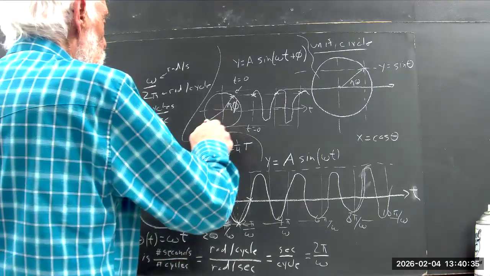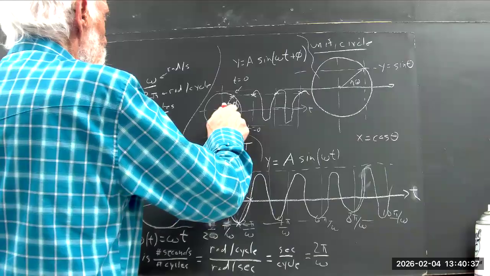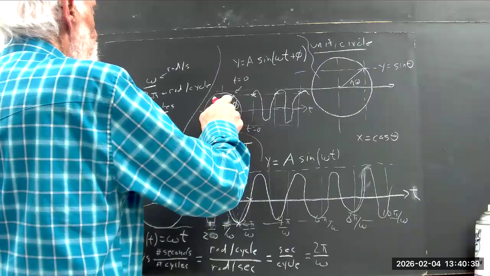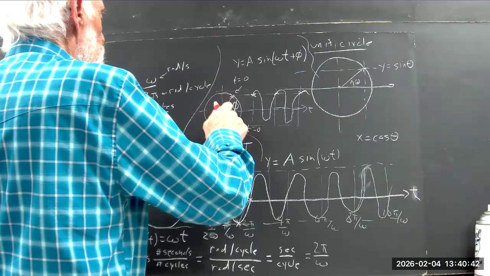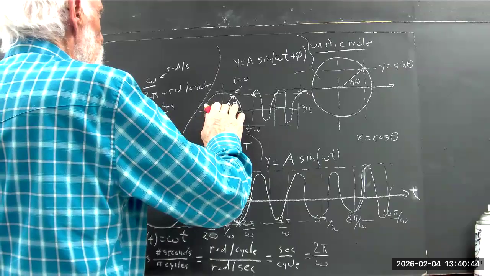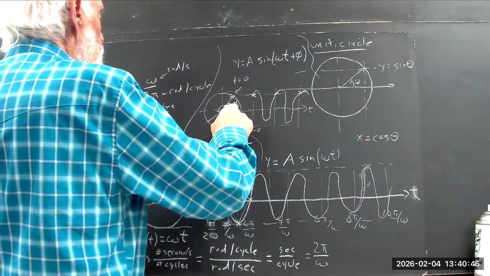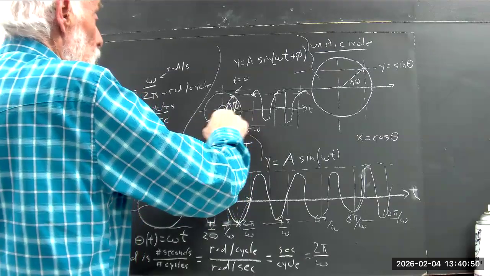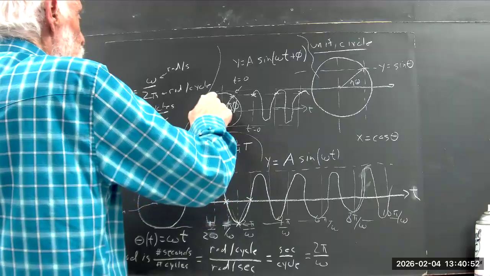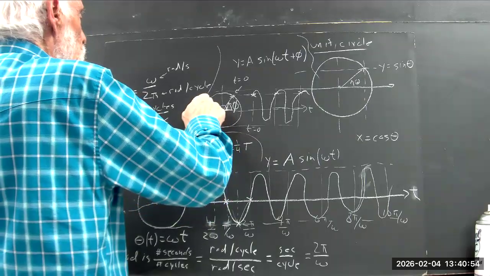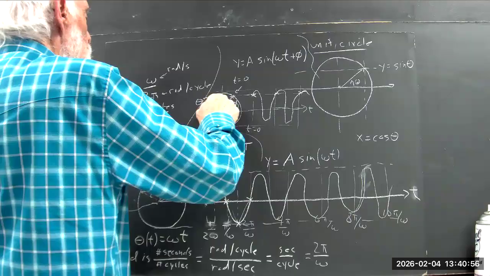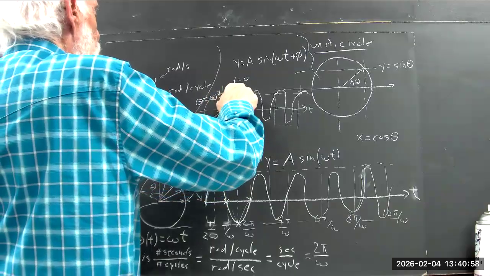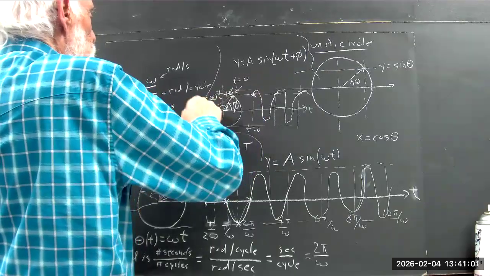So at a typical point, my angle, starting from the positive x-axis, is theta equals omega t plus phi.